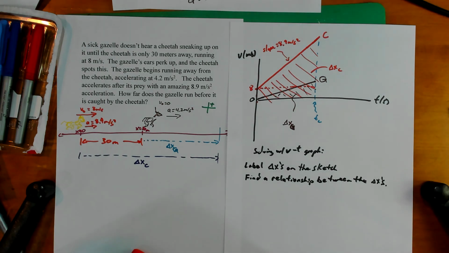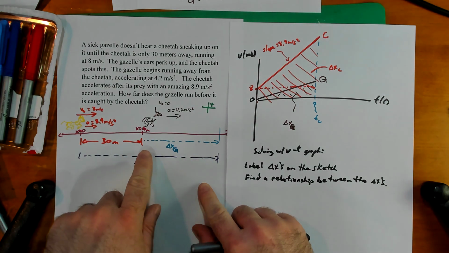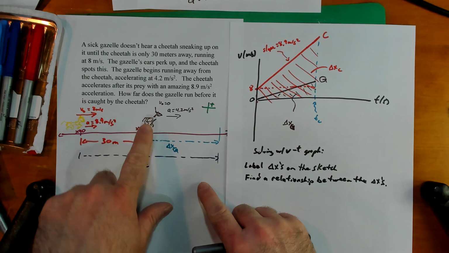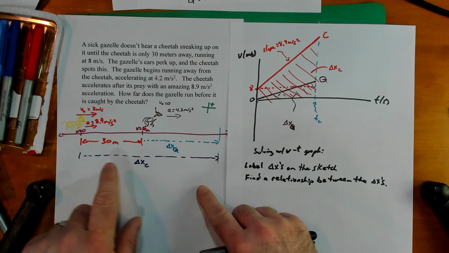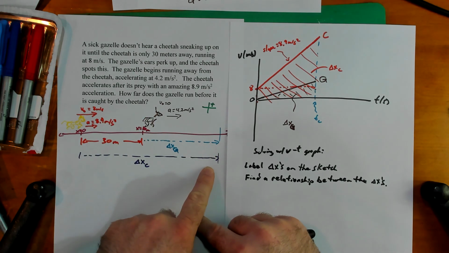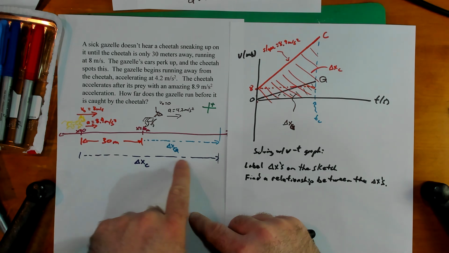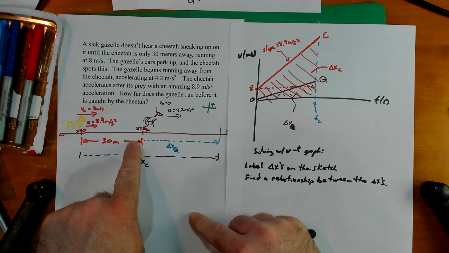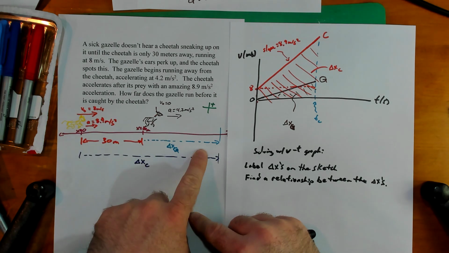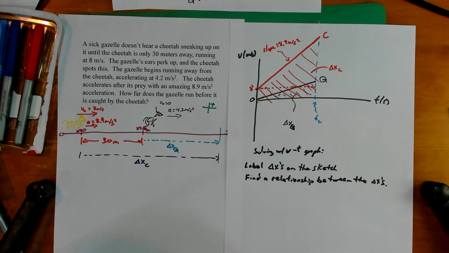So in this case, I can say, look, it looks like the gazelle went this far and the cheetah went this far. And look, how far the cheetah went, that's 30 meters that they started apart plus the displacement of the gazelle. So that's the equation I can write here.